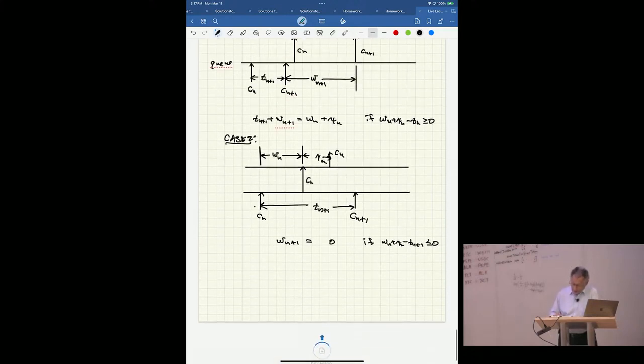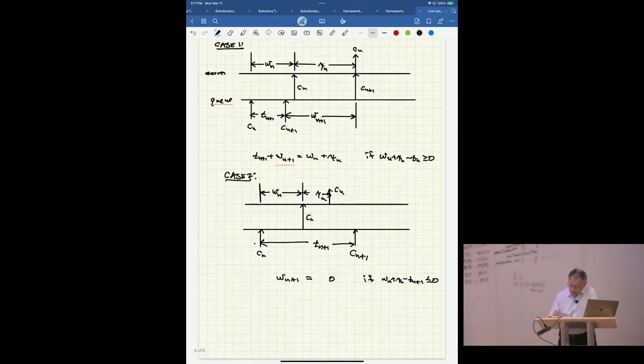So, in fact, up here in case 1, let me just solve this tiny baby equation, which says that W sub n plus 1 equals Wn plus xn minus Tn plus 1. So I have two expressions for Wn, case 1 and case 2.